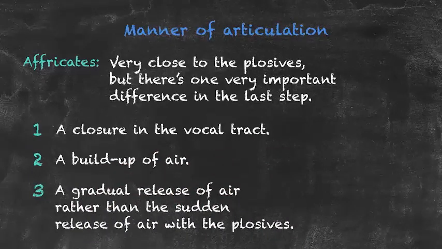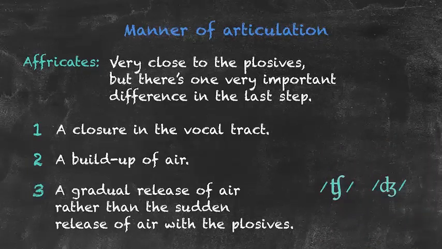There are 2 examples of these sounds, and they are ch and j. Again, there's a closure, a buildup of air, but yet this time it's a gradual release. Let's take a look at that one more time. We have ch and j.